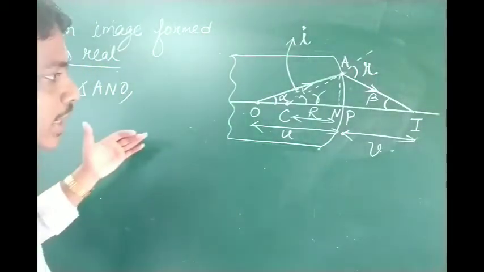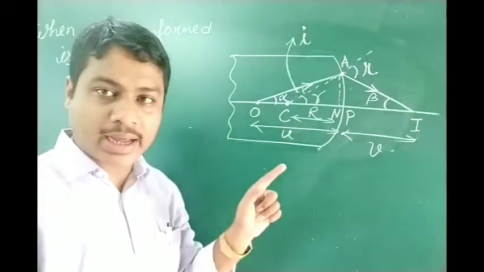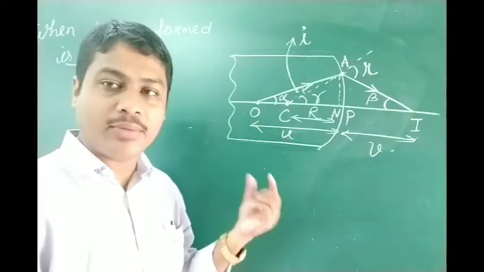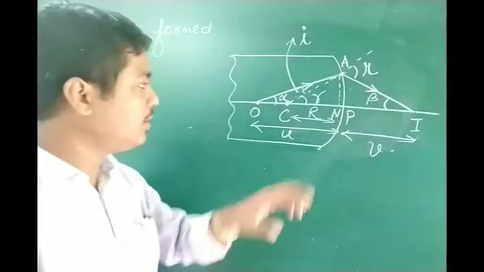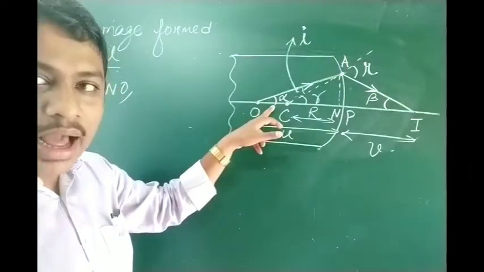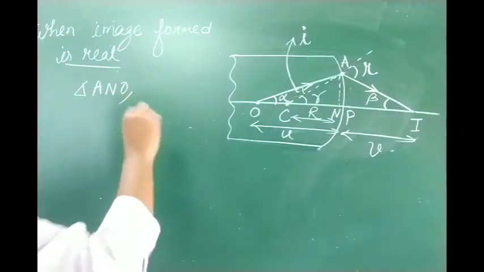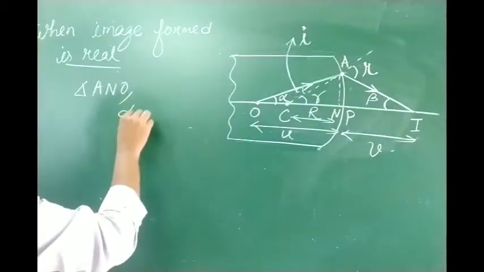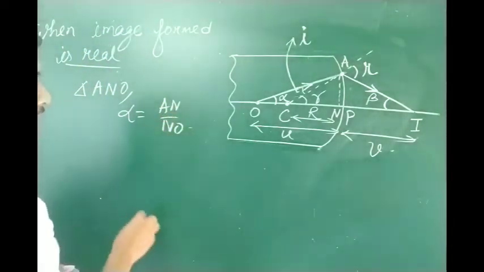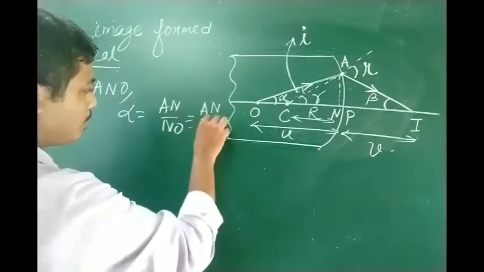Now, from the triangles, I'll be using the tan theta, as I've already told in the last class. Since your angles are small, we will not use tan theta, we'll directly write only the angles. Let us first calculate the values of alpha, beta and gamma. From triangle ANO, alpha equals AN by NO, and since N is very close to P, we can write AN by PO.